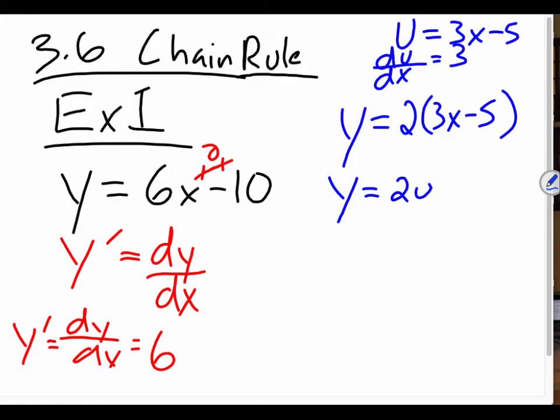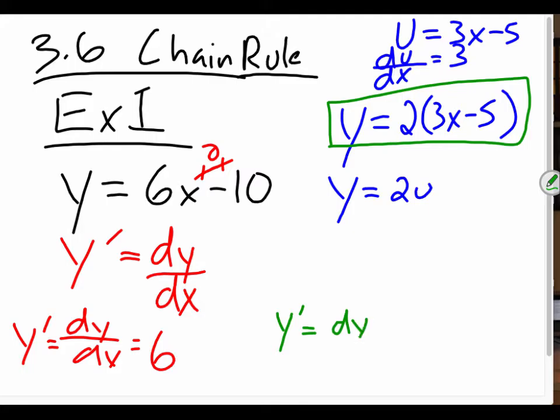Now what I really want is y prime somewhere down here, but y prime of this is actually the derivative of y with respect to x. And already we've got some shenanigans here, right?